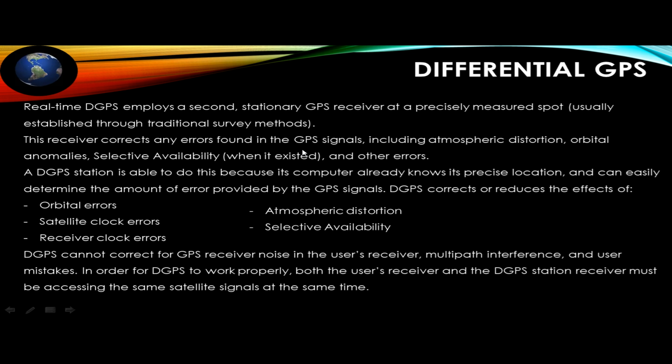Yes, you can say this is also so, but it includes the atmospheric distortion, the orbital anomalies, selective availability when it existed, and other errors also. When you track something, you will understand that this thing is happening in between. But when you have stationary data, you don't know what happened in between, so you will not know why this error came from one point to the second point.